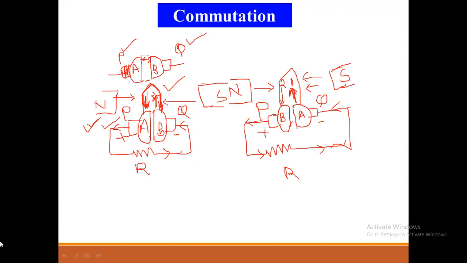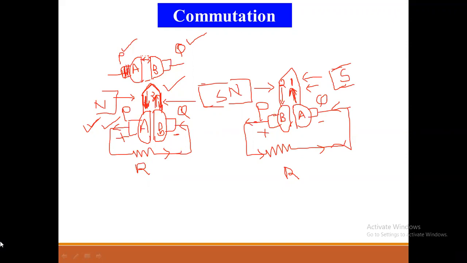When the conductor or coil goes from one pole to another, or from one brush to another, or when the coil shifts the brush axis, at that situation the direction of current flowing from that coil reverses. This process of reversal is called the commutation process. I think all of you understood the concept.